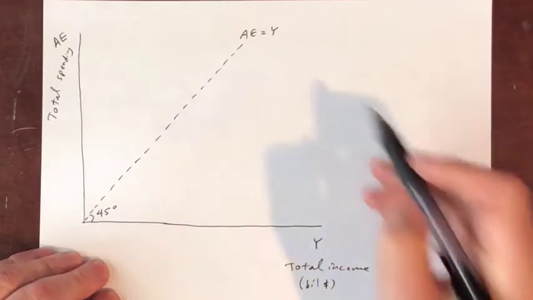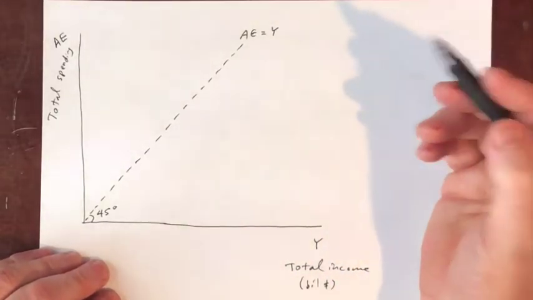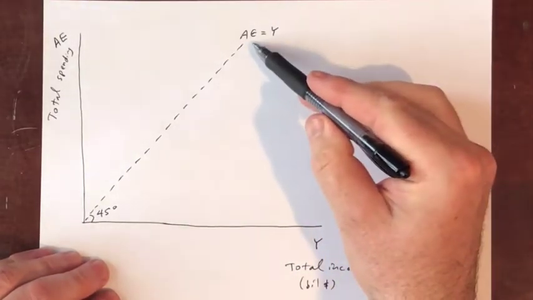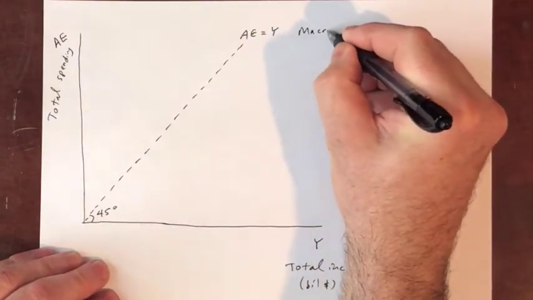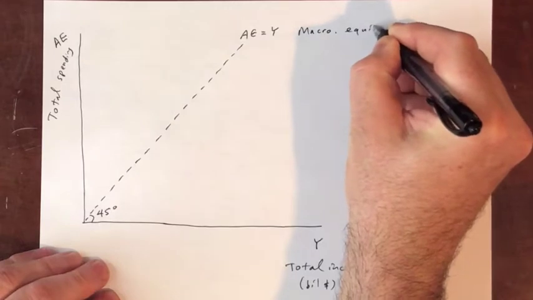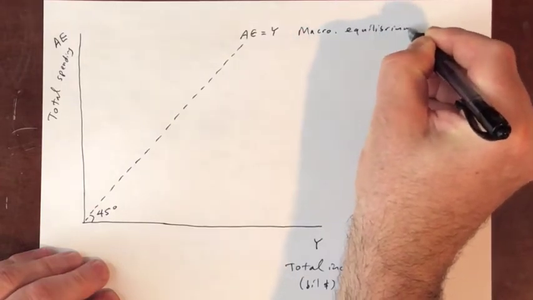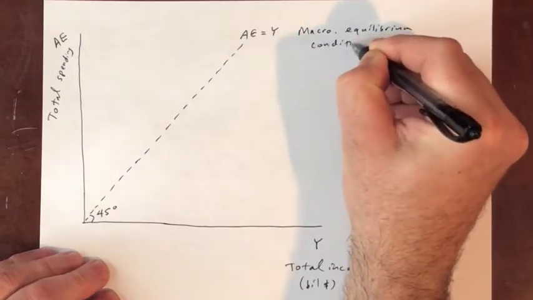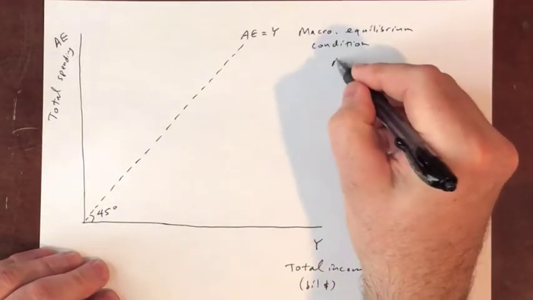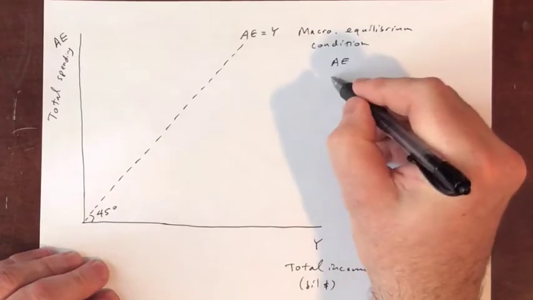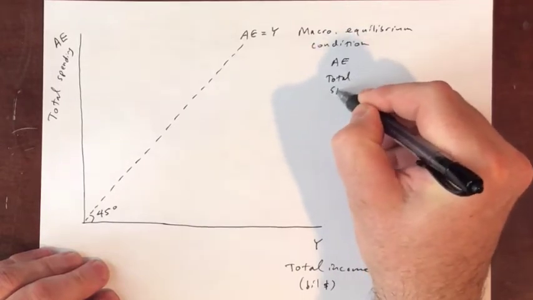All right. Now, this is a very important concept here, because where aggregate expenditure, AE, equals total income, this is our macroeconomic equilibrium condition. All right? So, macroeconomic equilibrium condition, let's think of it this way. Aggregate expenditure, remember what this means, the total spending.